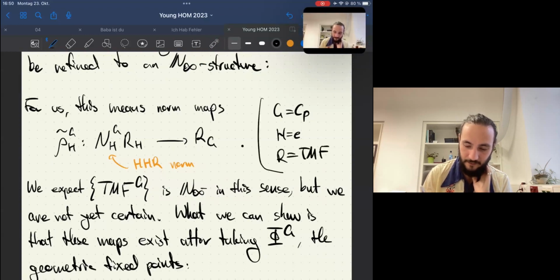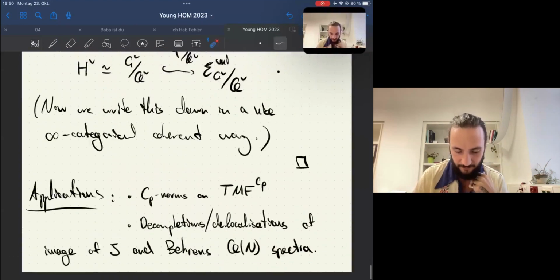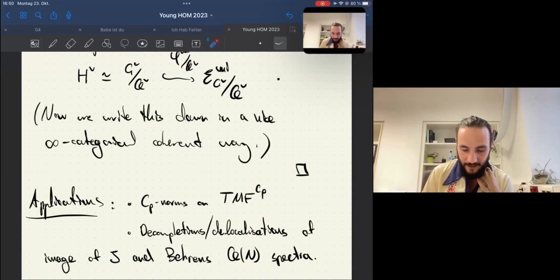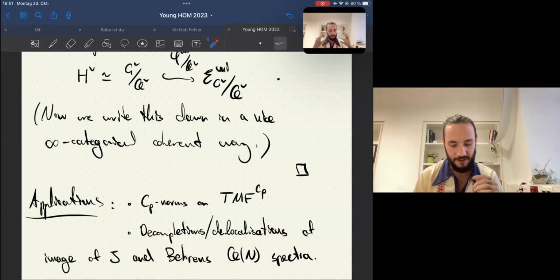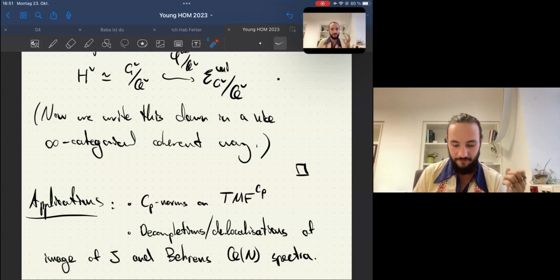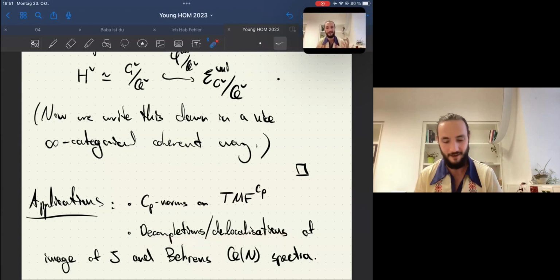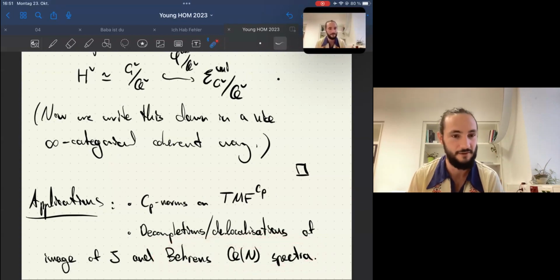So you end up with some literal norms for some small groups using some Gauss-Hopkins obstruction theory and a bit of bootstrapping. And these geometric norms also give you a big construction such that when you specialize to K-theory, you get some sort of delocalization of the image of J. And when you restrict to TMF, you get some sort of delocalized, decompleted version of Barron's Q_N spectra related to approximations of the K(2)-local sphere.